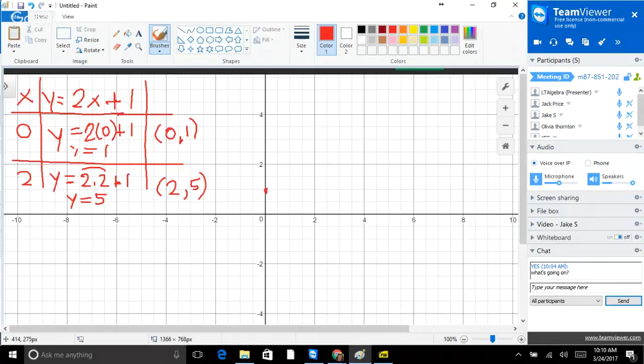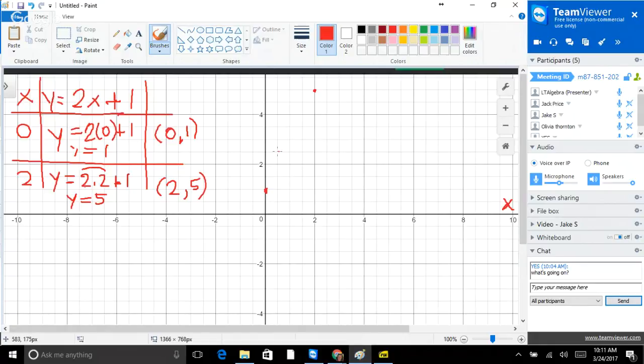This is also a solution to y equals 2x plus 1. And where is that point on the graph? That's when x equals 2. Remember, this is our x-axis, so x equals 2 is right here, and y equals 5 is up here. So that's another possible answer to our equation.